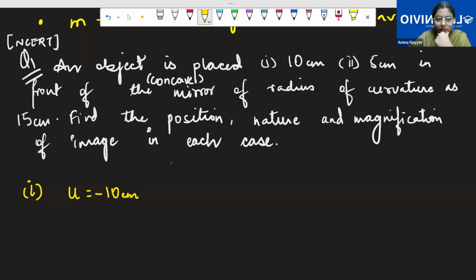No, minus 10. Minus 10. Okay. Radius of curvature is given as 15 centimeters. What is the focal length? Focal length is 15 by 2, that is 7.5 centimeter.